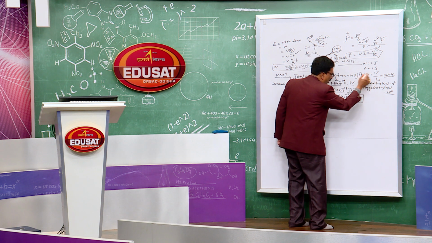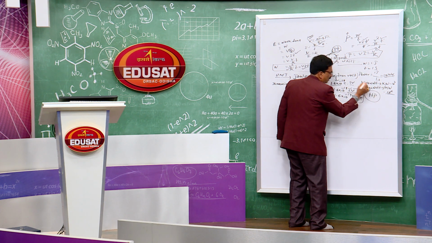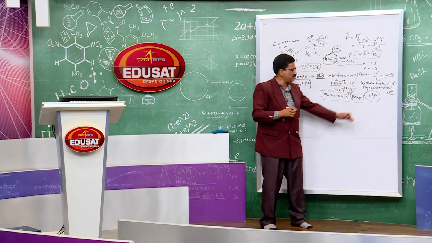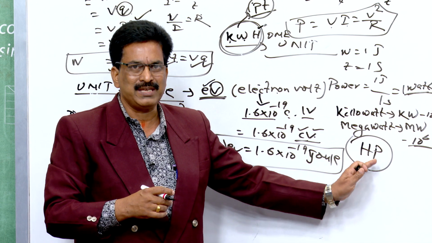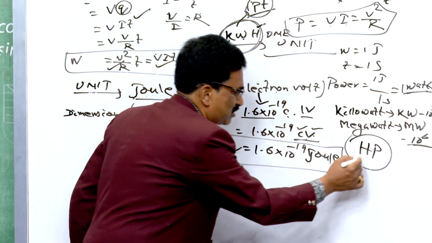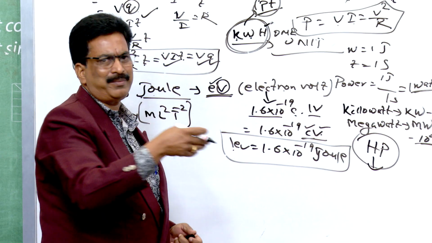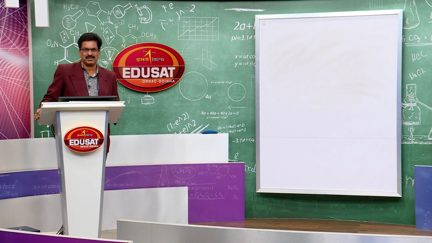The most common unit for higher cases is the horsepower, not Hindustan Petroleum. Horsepower means this power is much more, like a horse. I am giving you time to calculate its dimension, as we discussed in our last class, the electrical energy and the electrical power.